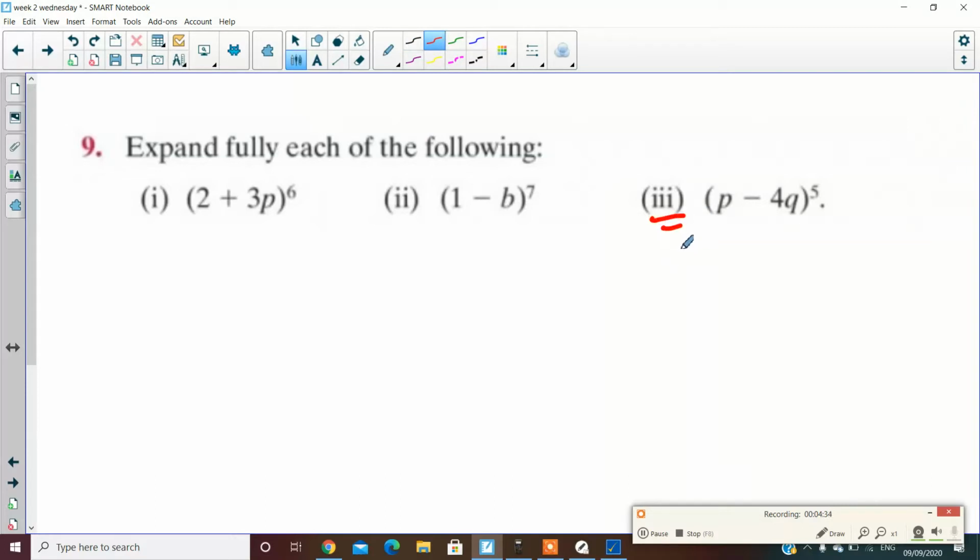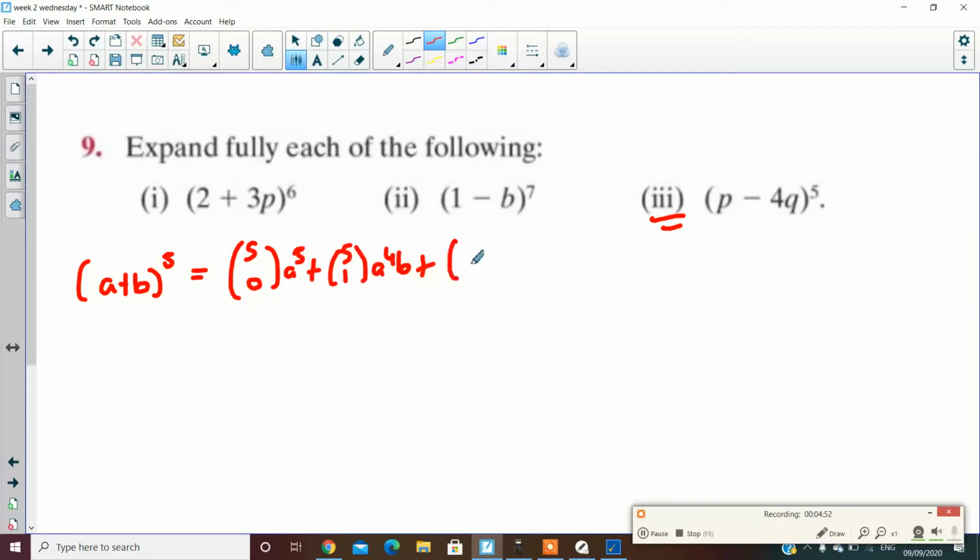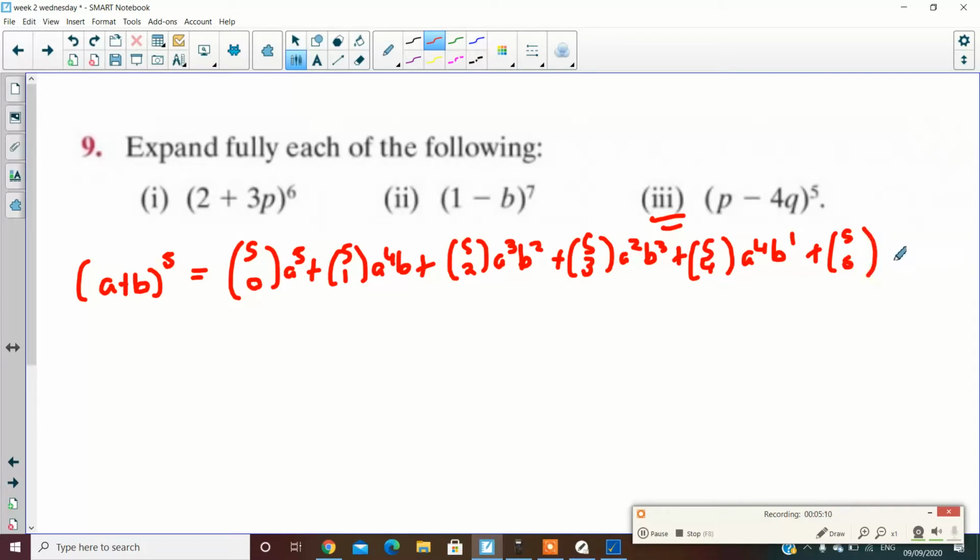Now, in 9 part 3, guys, once again, what did we learn earlier on? We learned that (a + b) to the power of 5 is, once again, 5C0 a^5, 5C1 a^4 b. It gets quicker now, doesn't it? 5C2 a^3 b^2, 5C3 a^2 b^3, 5C4 a^4 b^1, and finally 5C5 a^5.